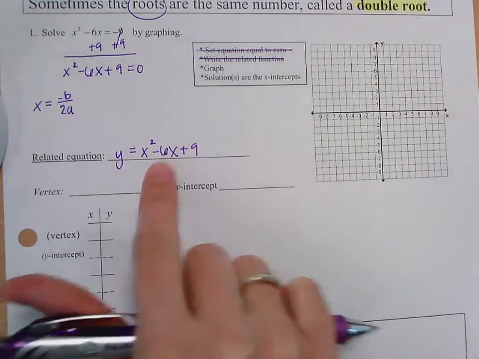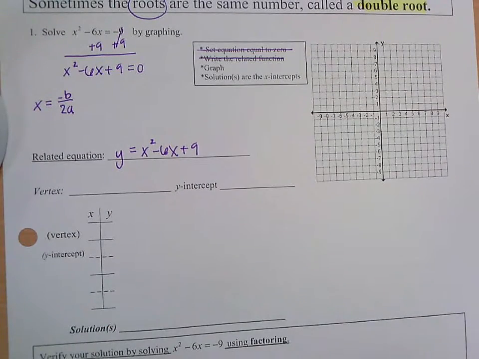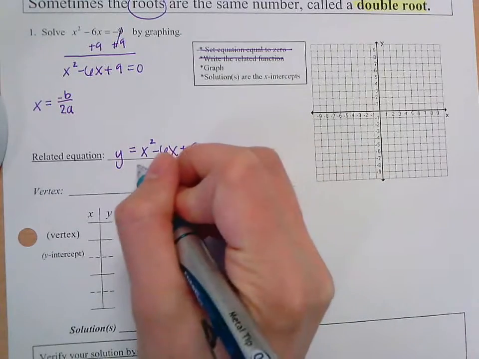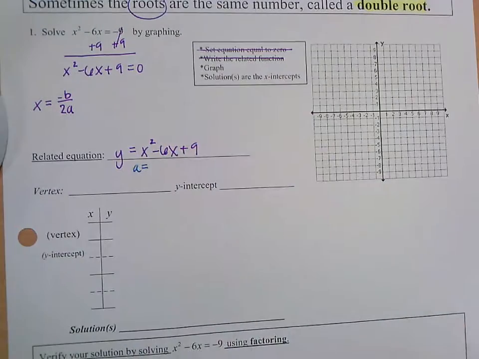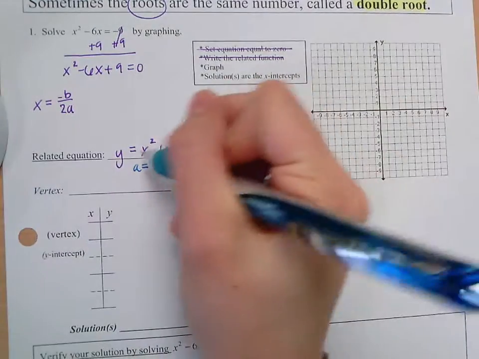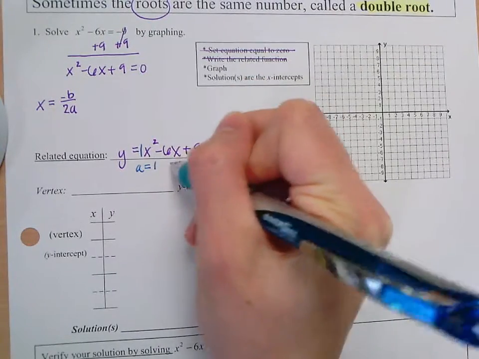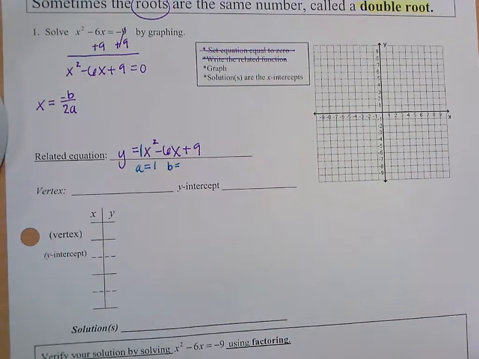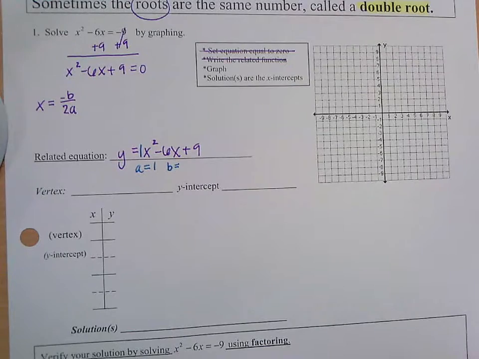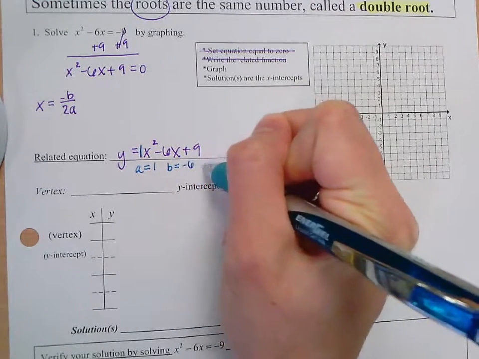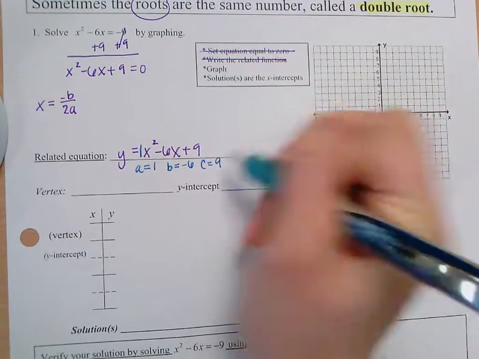So in our equation, what is our a value? 1, thank you, yes. 1 is in front of the x squared. What is our b value? -6, and c is 9.